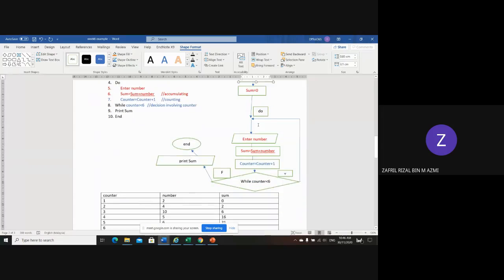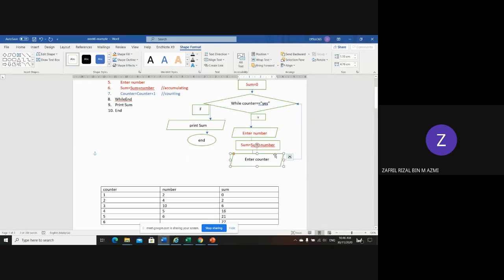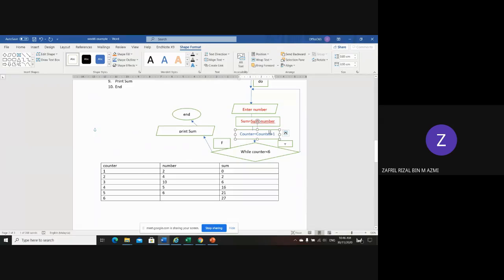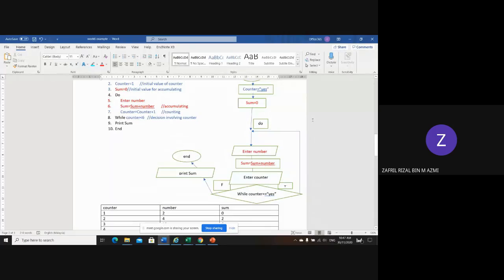Counter yes, enter number. This one, user enters counter. Okay, is it correct, class? Is it still correct?